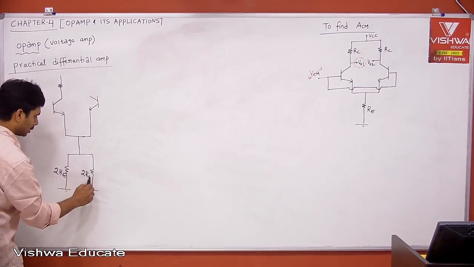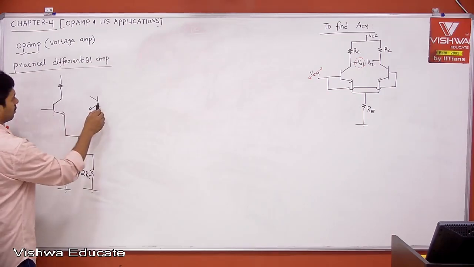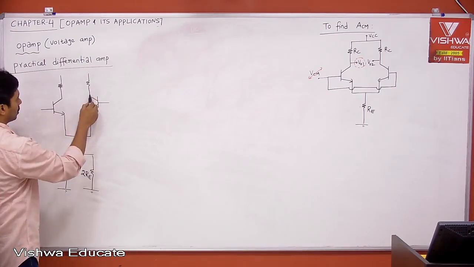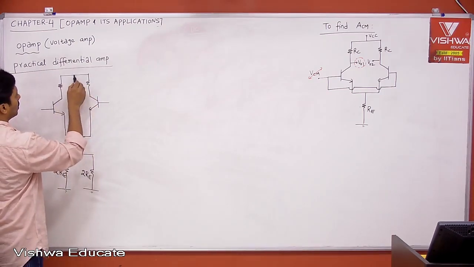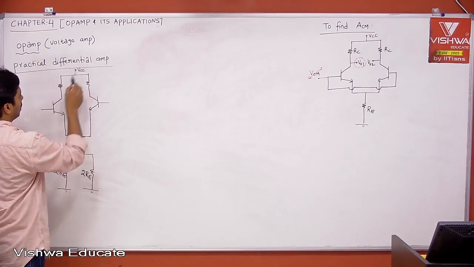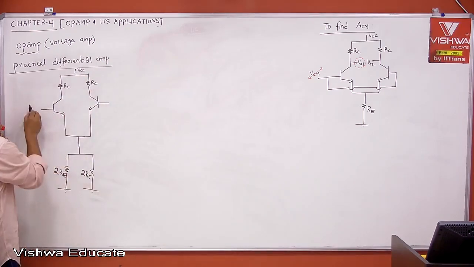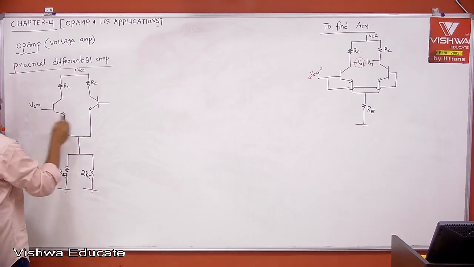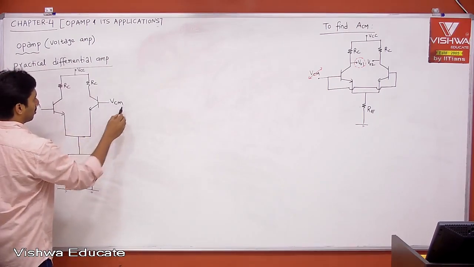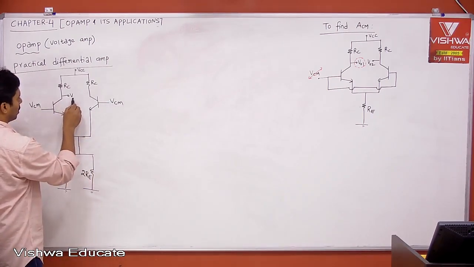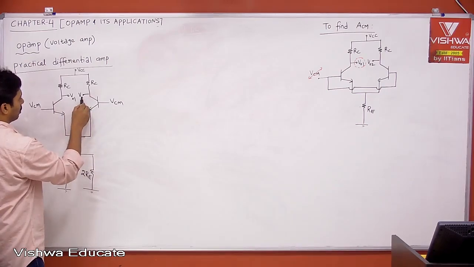And these are our inputs. This is your VCC, RC. Don't bother about all these things. This is your VCM, and this is your VCM, the common mode voltage. This is your V01 and V02.